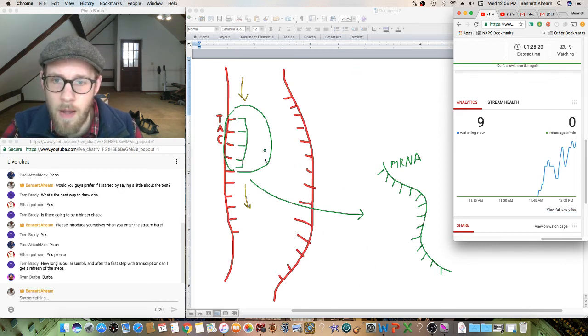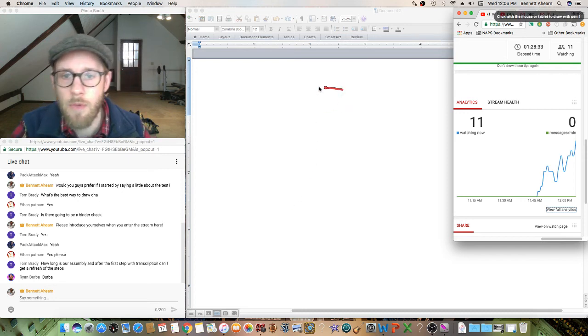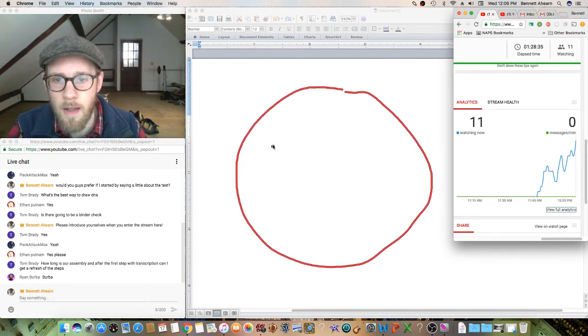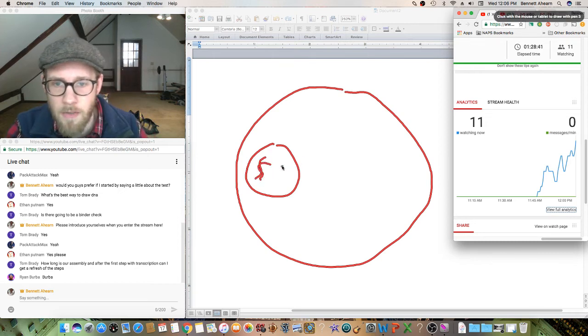So the RNA polymerase, this green blob, creates the mRNA strand by reading the DNA strand for that specific gene. That mRNA strand will leave the nucleus. So if we go back and redraw our cell with our nucleus and our DNA, there's our nucleus and there's our DNA strand, right? Now we've got this mRNA strand that was made here, and it's left the nucleus.